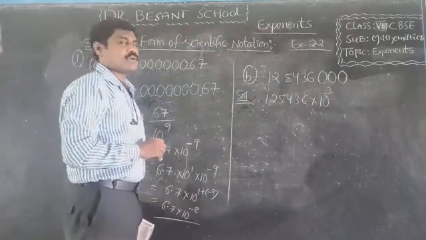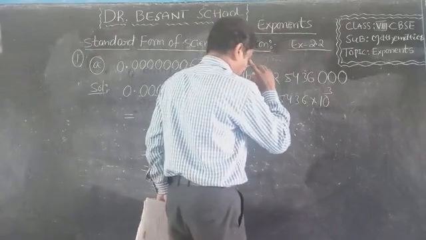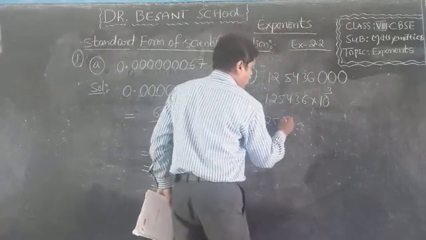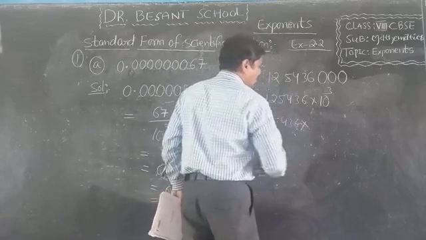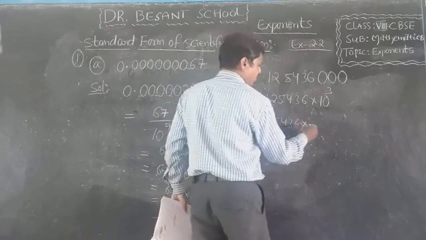That's why 10 cube. This one is 1.25436 into, after decimal how many? 1, 2, 3, 4, 5.